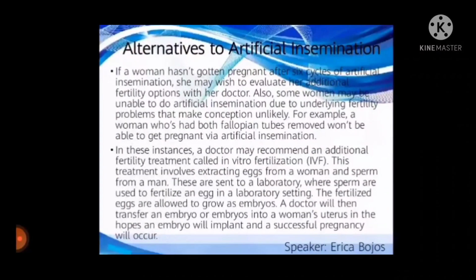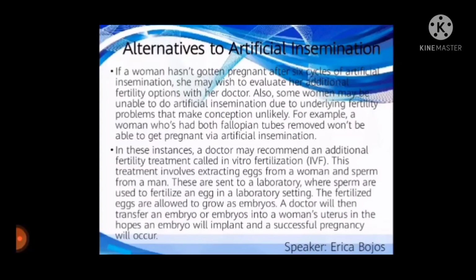And the last slide, the alternatives to artificial insemination. If a woman hasn't gotten pregnant after 6 cycles of artificial insemination, she may wish to evaluate her additional fertility options with her doctor. Also, some women may be unable to do artificial insemination due to underlying fertility problems that make conception unlikely.